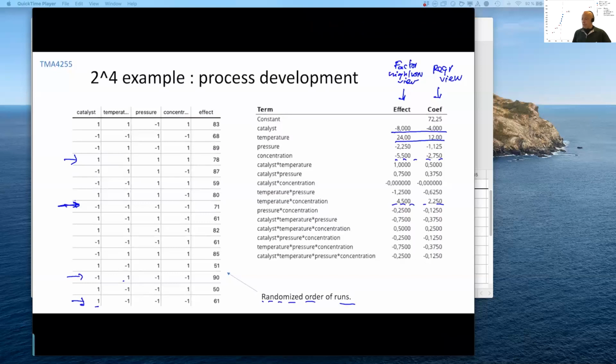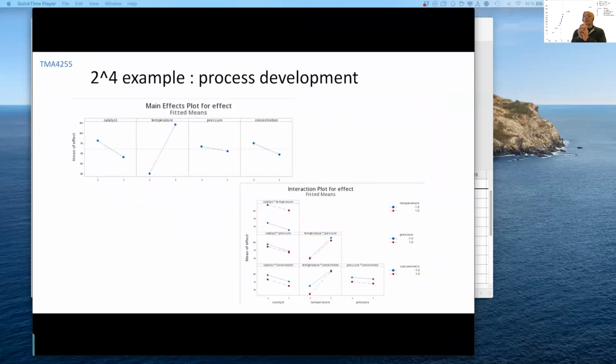We can also visualize results. So here we see the effect of each factor going from high to low or low to high level. And of course, this is scaled according to the efficiency. So we see that the biggest jump here is in temperature. And there's some in catalyst, some in concentration, less in pressure. At the bottom right, you also see the interaction plots.